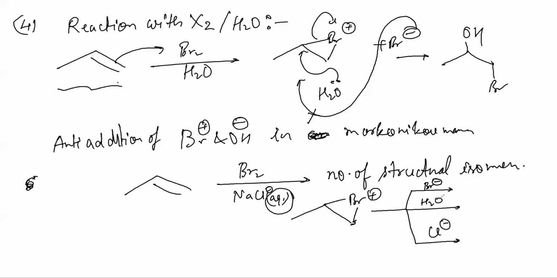So OH minus also can help, not OH minus, water. So the product will be like this. In the first case, Br, Br. Second case, Br and OH. OH will be in the middle, remember? And in third, it will be BrCl. Okay? I hope it is very clear.